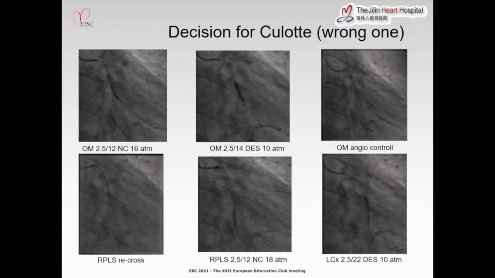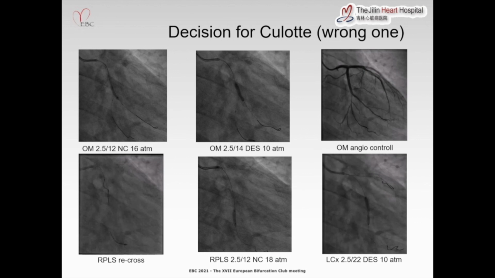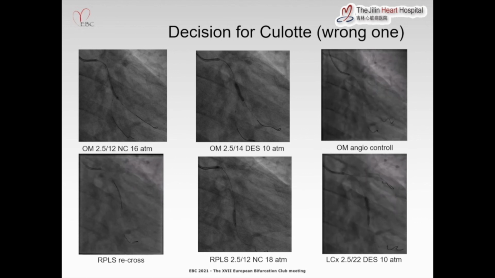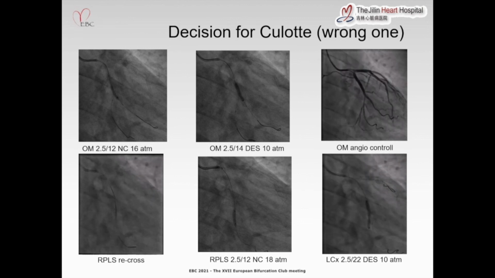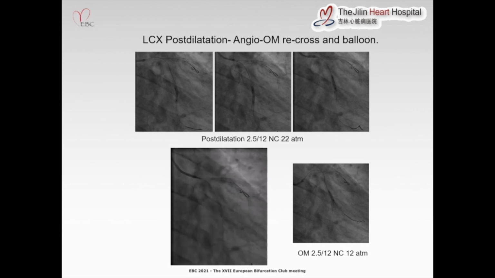You see already some difficulties. They pre-dilated the posterolateral, and immediately implanted a stent on the circumflex posterolateral. Then post-dilated only with the balloon used to pre-dilate, extensively, with quite a good result up to this time.